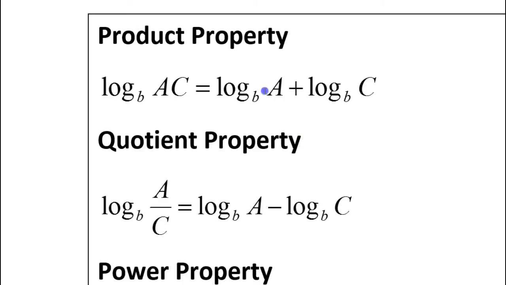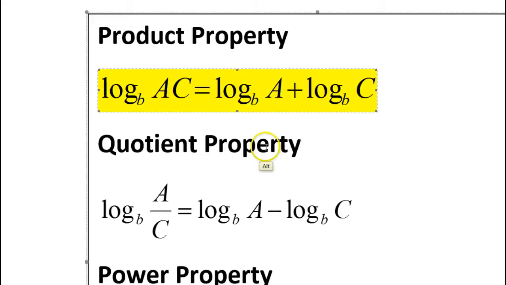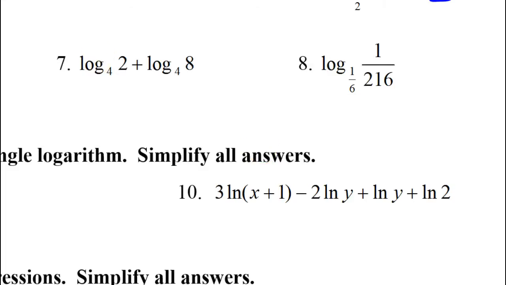So, for example, if we're adding 2 logs, you could write that as 1 log of multiplication. So I'm about to use this top rule right now. Can I make it yellow? Yeah, that's awesome. So I can put these together and make it 1 log, so log base 4, but I'm going to end up multiplying these numbers together. So it's going to be log base 4 of 16.